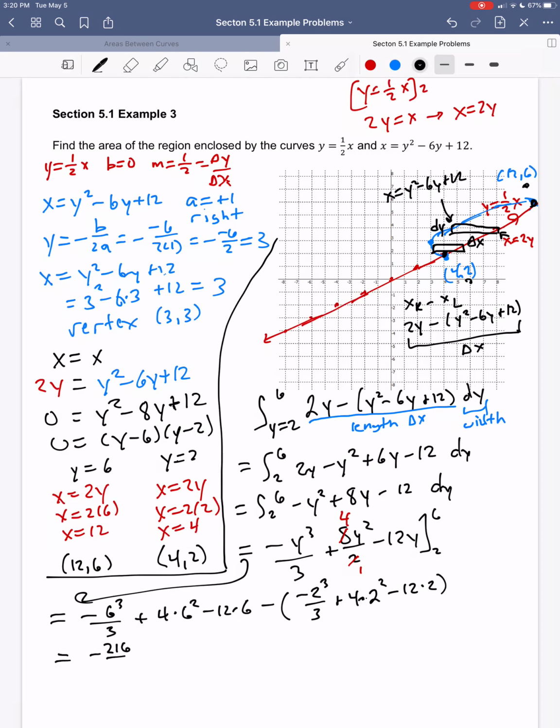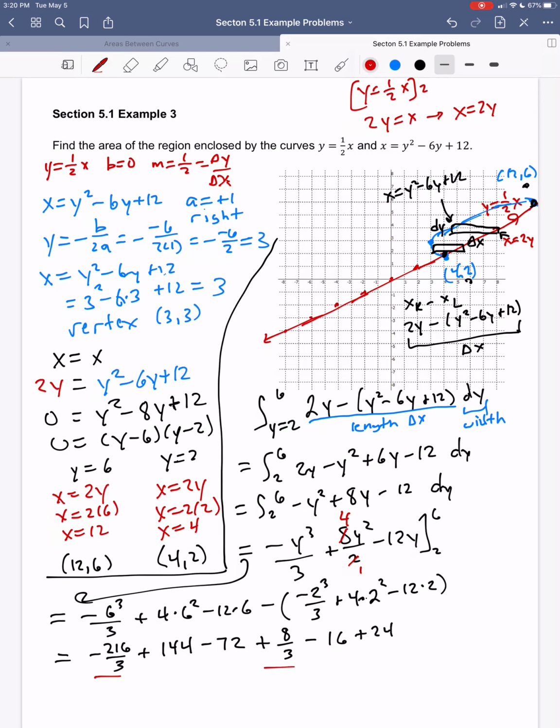So negative 216 over 3. 4 times 36 is 144. Minus 72 plus 8/3 minus 4 times 4 is 16 plus 24. Just see how all your signs, right? Get the signs working right.